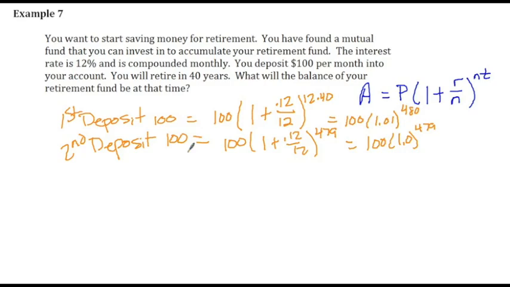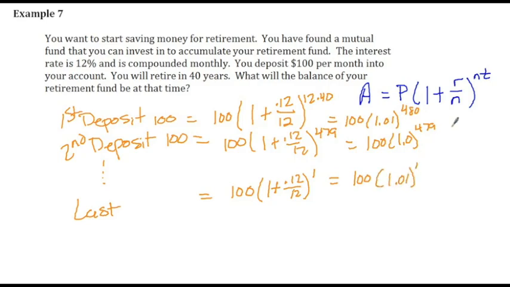Okay, we can do all the way down to the very last deposit. And the last deposit would be 100 times 1 plus 0.12 divided by 12, and only sits in there for 1 month, right? Okay, so we can kind of see the pattern that's made here, right?